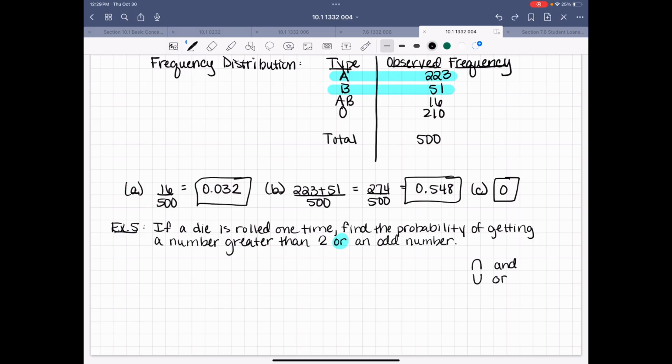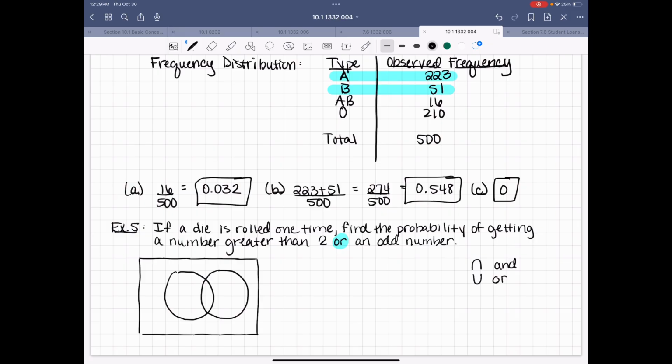We have to be careful if there's any crossovers and what it means. This is getting us ready for the next couple of sections. We can list all the sample space as a universal set, and then you can split it up by what you want the event to be. So a die is rolled, so I have 6 numbers, 1, 2, 3, 4, 5, 6. And we're looking at the numbers that are greater than 2 or an odd number.